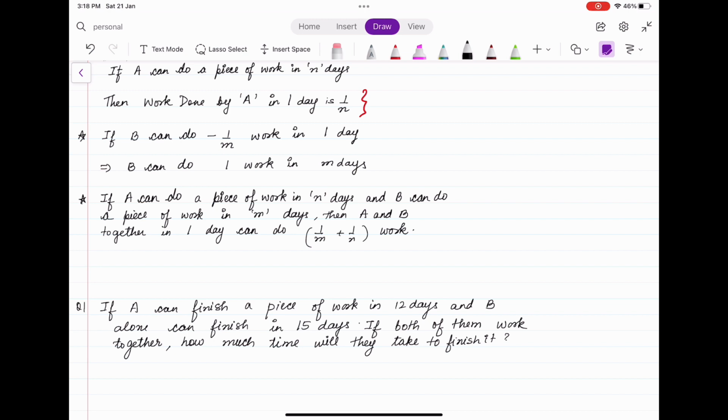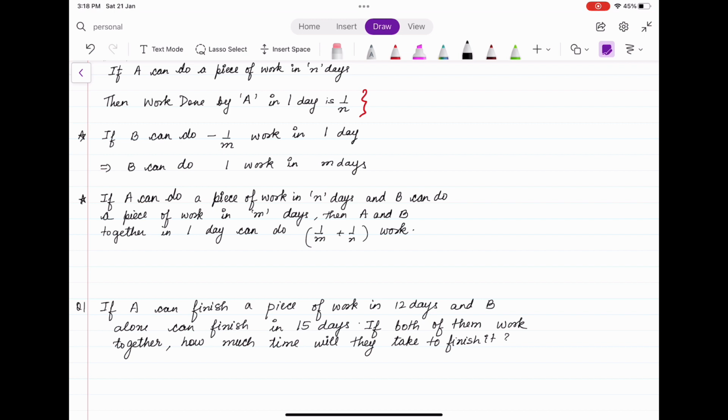Same way, if you have in the question A and B working together, the basic concept that we will use here is, we will take out the work done in 1 hour, add it up or subtract, whatever be the case, and then find out the total work done in how many days. So whatever is given to us, we will first find out the work done in 1 hour or 1 day.